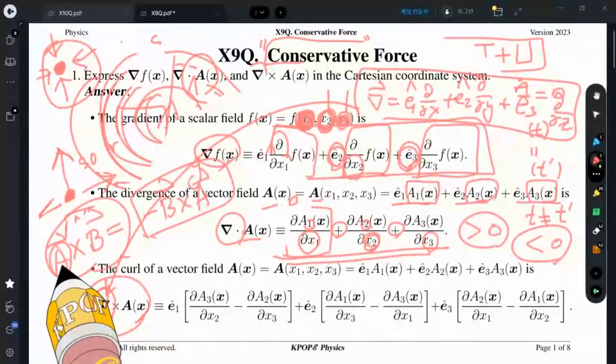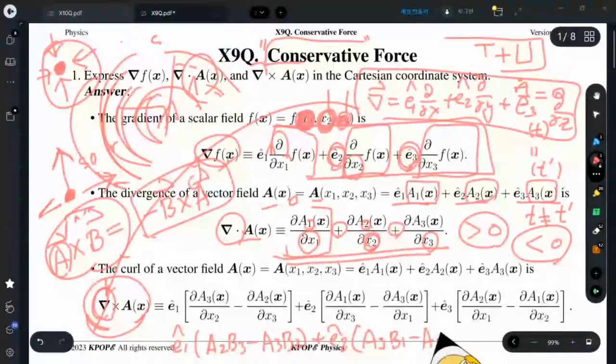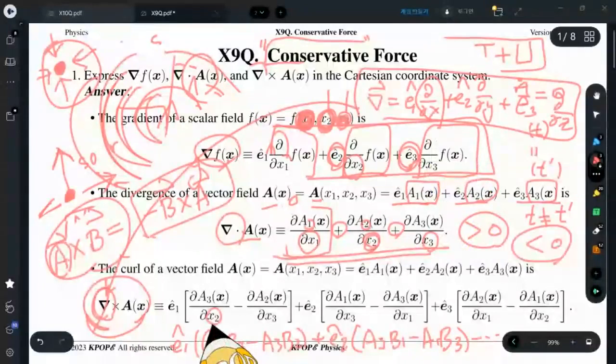Then you remember when I compute A cross B, e1 times the first component is A2 B3 minus A3 B2, e2 times A3 B1 minus A1 B3, and so on. Just replace this one with the derivative operator: x2, x3, x3, x1, and so on.